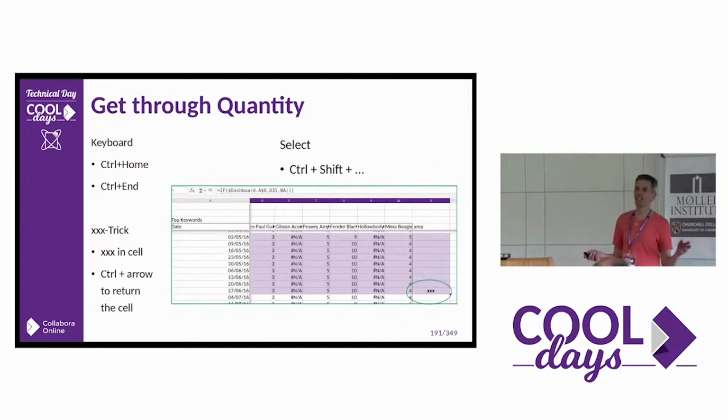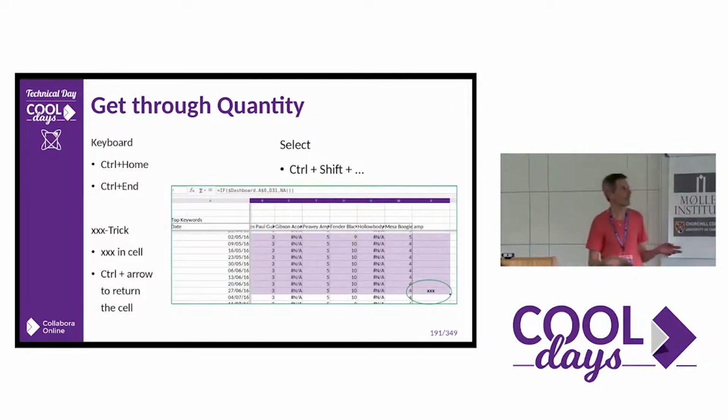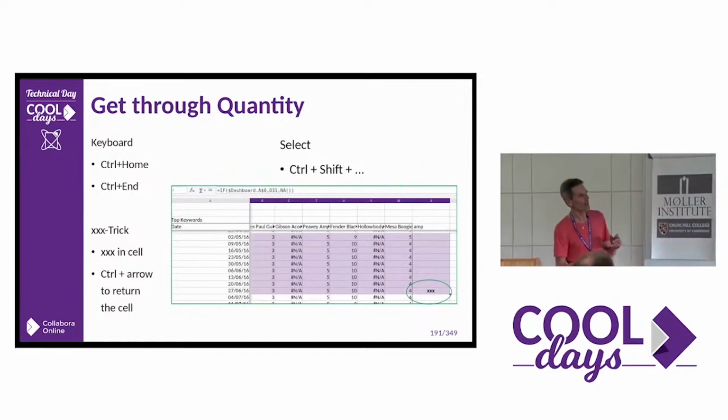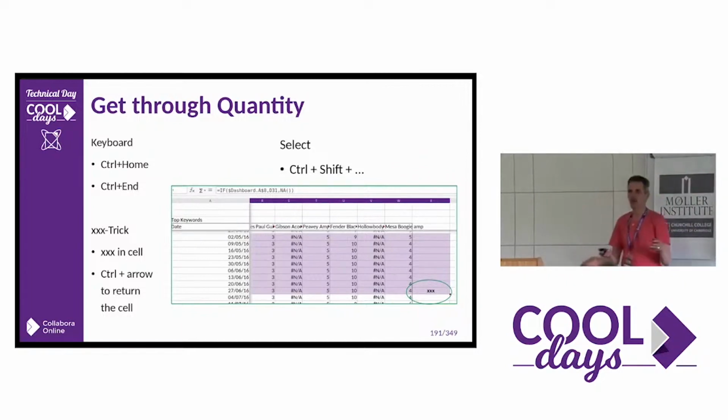When you have a lot of data, you have to get through it, and then the keyboard helps: Control Home, Control End, we all know those. But it happens that I'm somewhere in the middle of a spreadsheet, and I want to go back there later on, but I have to go to the home or to the end of the sheet.